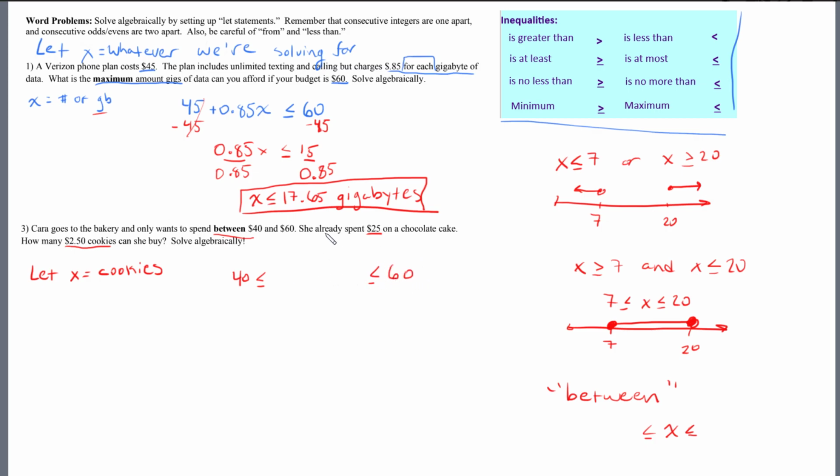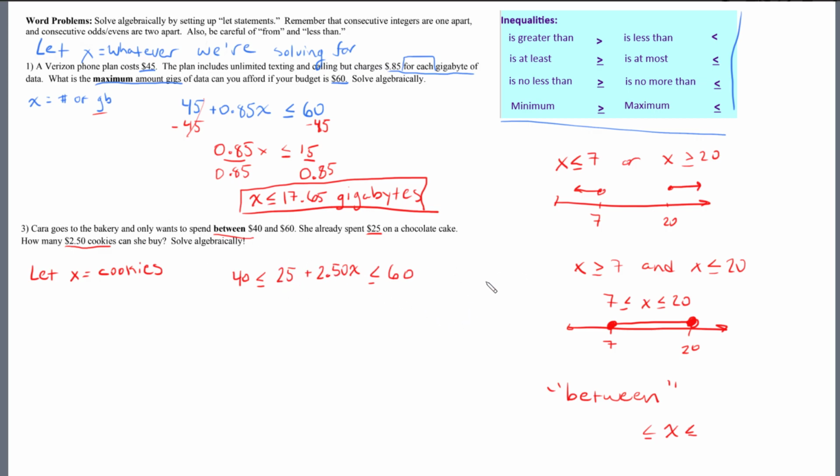Okay, to set up the middle, we're going to think about her budget. So she's already spent $25. And in addition to that, she's spending $2.50 for each cookie. Okay, so there's our inequality.